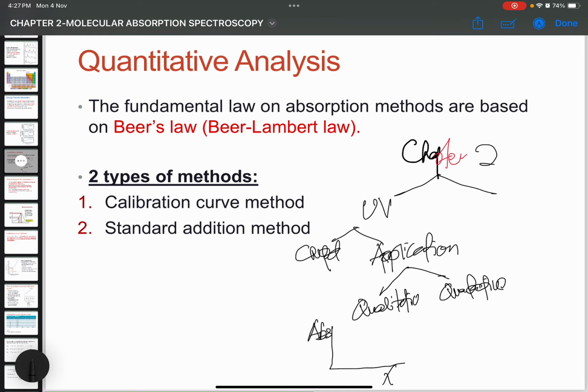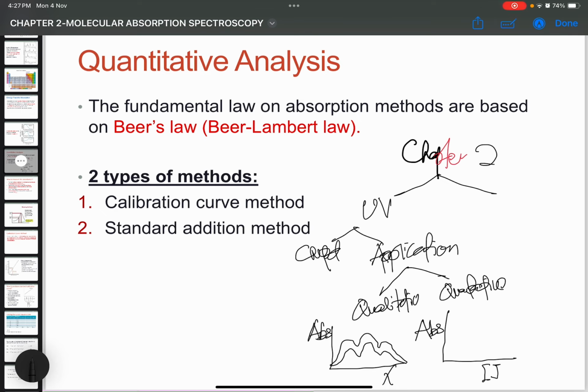So we will get this kind of graph, a spectrum. Kalau concentration dia lebih tinggi, bentuknya sama, cuma ketinggian dia berbeza. For quantitative, normally we will plot a graph of absorbance versus concentration.